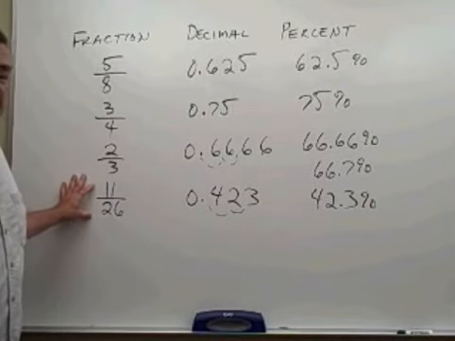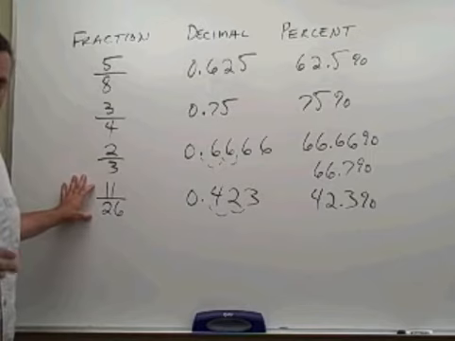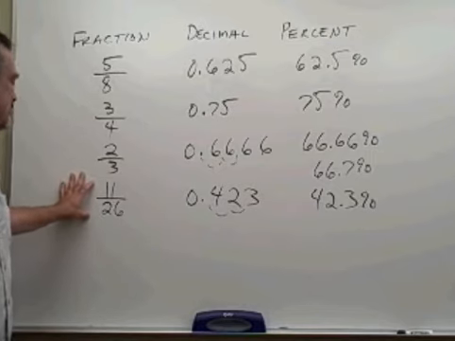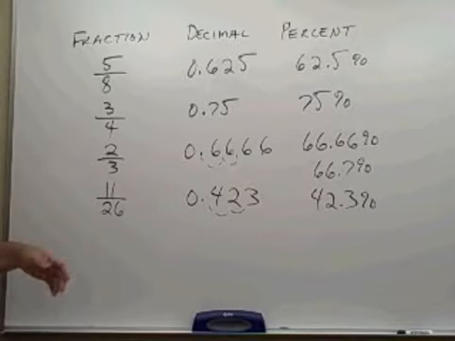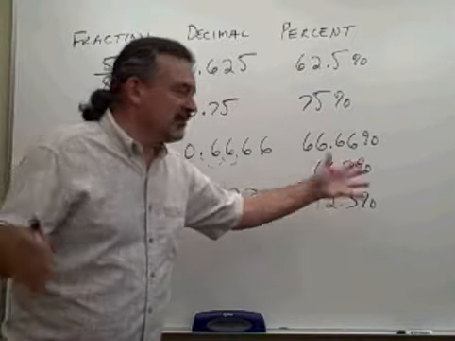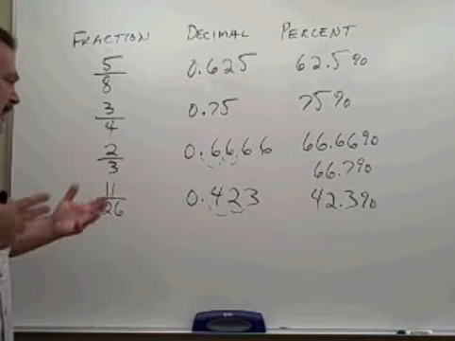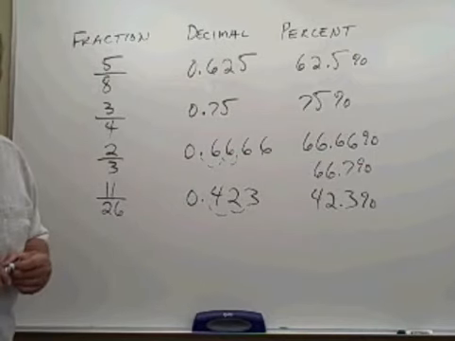So if, and I don't know why you would use that fraction, but say 11/26 of the students at Southern State like hot dogs, then you could say 42.3% of the students at Southern State like hot dogs. I would guess it's probably a little higher percentage than that, wouldn't you?